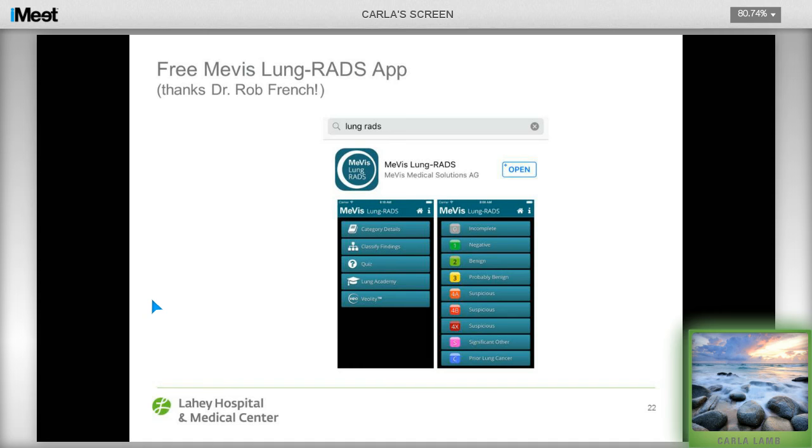It also can be downloaded to your computer. It is basically a radiographic-driven Lung-RADS app to train the radiologist into adopting and becoming certified, I shouldn't use the word certified, but at least becoming more competent and more uniform in interpreting these scans.